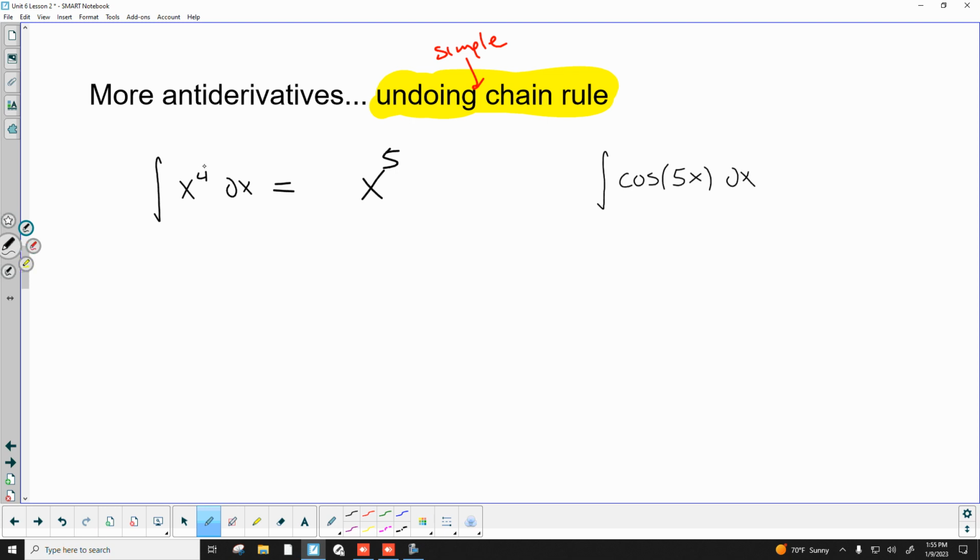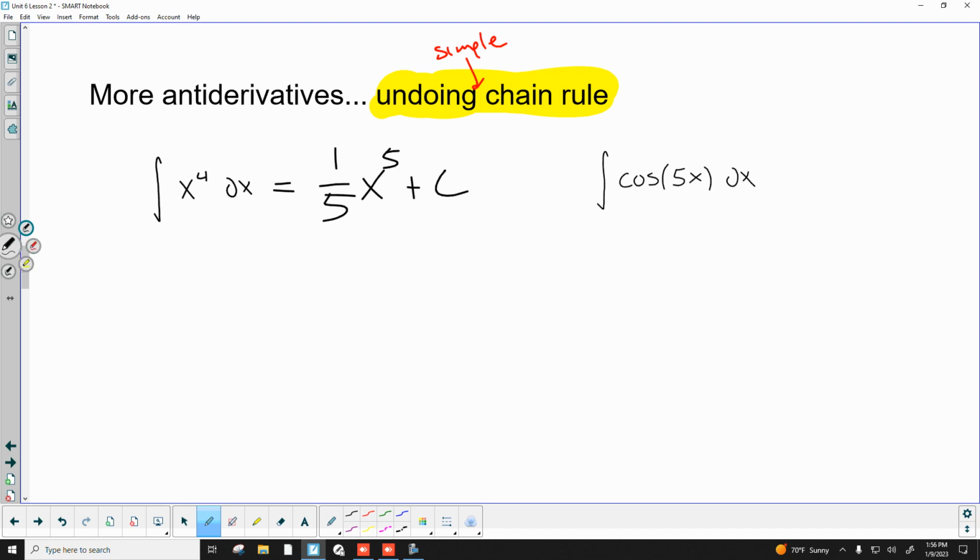But then you thought about, if you take the derivative of x to the 5th, you don't just get x to the 4th. There's this 5 that comes down. You get 5x to the 4th. So part of your process in figuring things out is you were actively thinking about what happens when you took the derivative. You take the derivative of x to the 5th, you get 5x to the 4th. You weren't all focused on the rule. You figured out why you needed the 1/5. Okay?